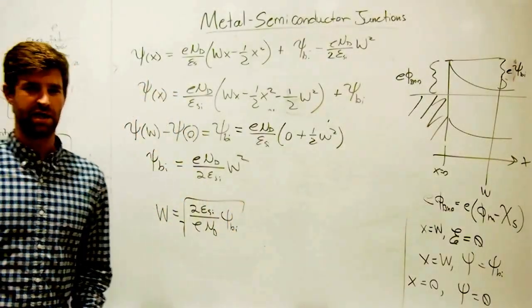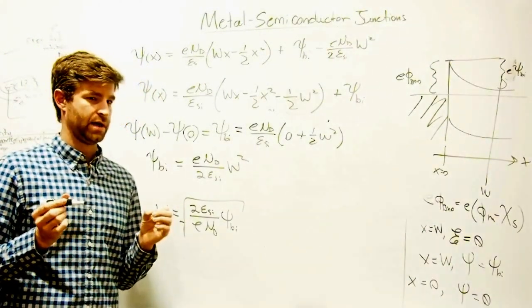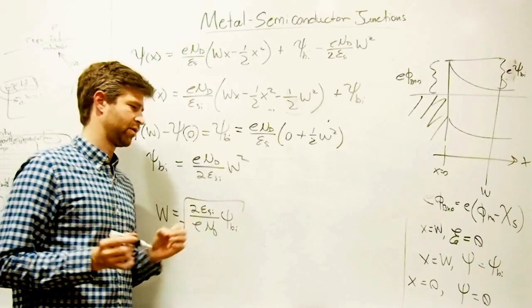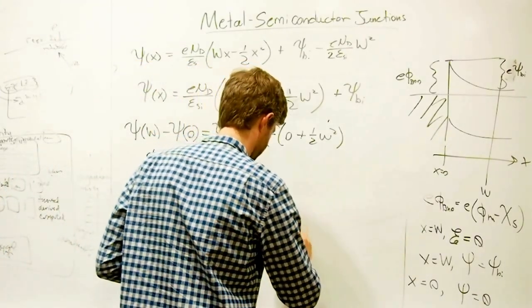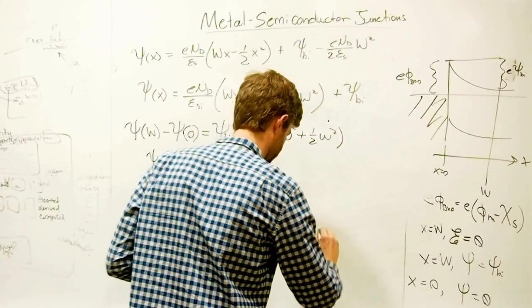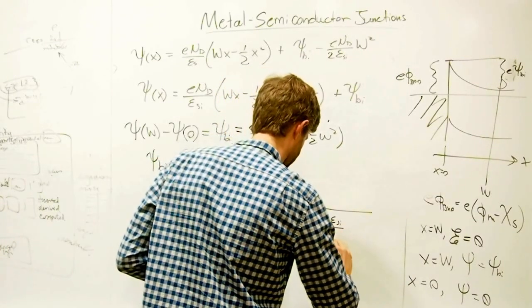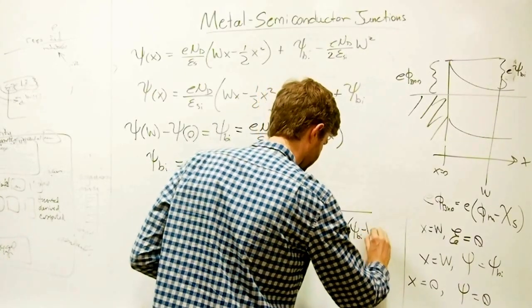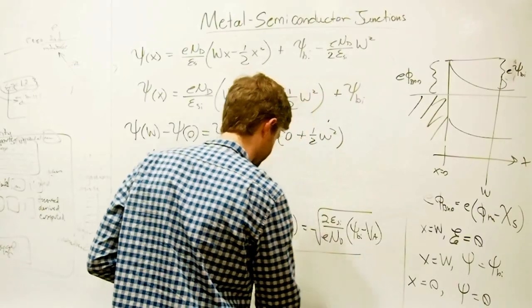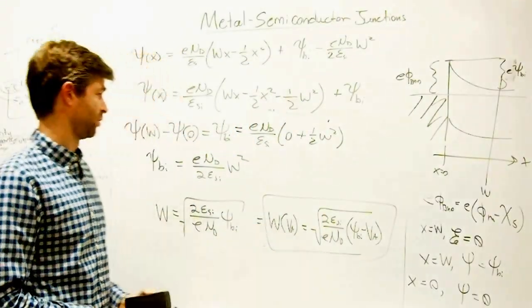And just as with a PN junction, when we implement an applied voltage, we can change this equation to W of V applied, which is equal to the square root of 2 E silicon over E N_D times psi bi minus V applied, right there.